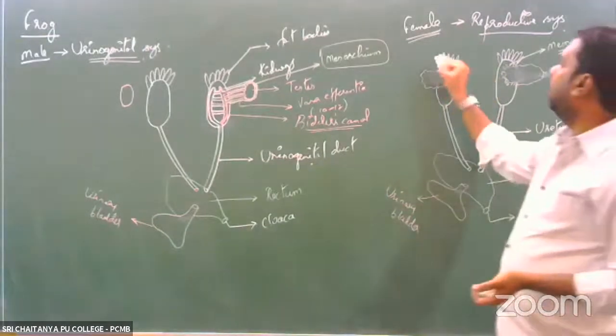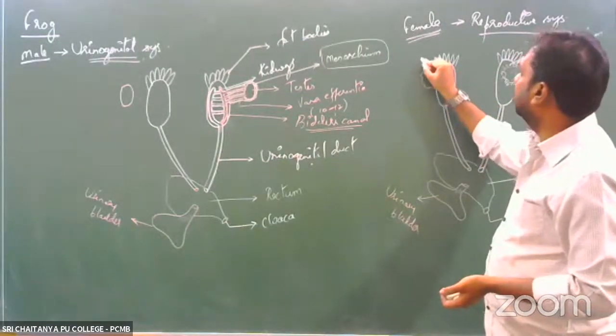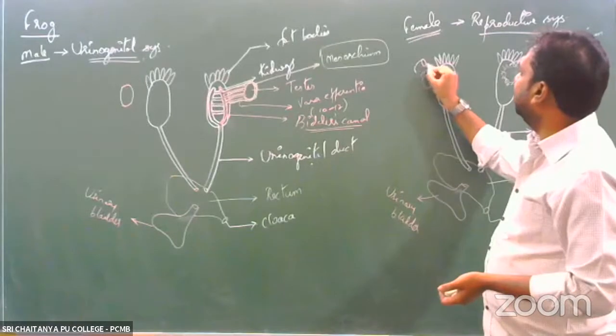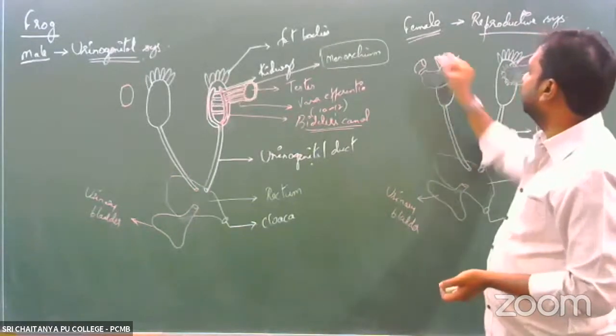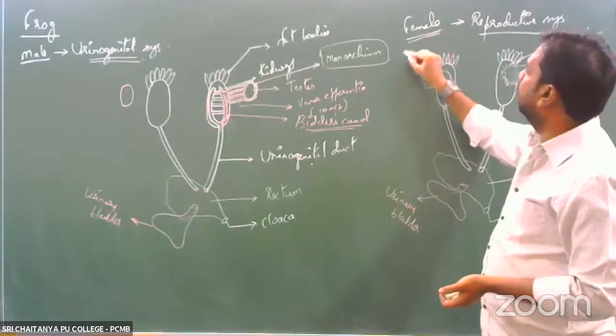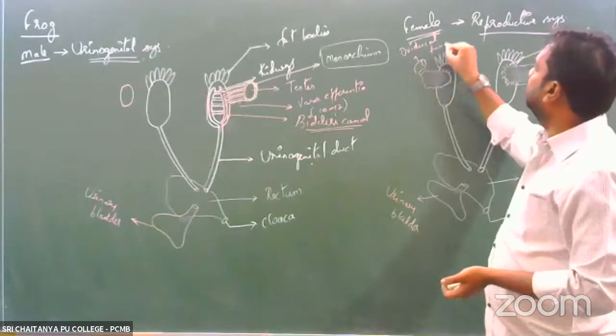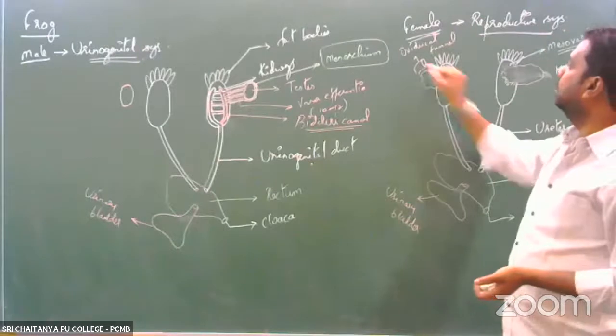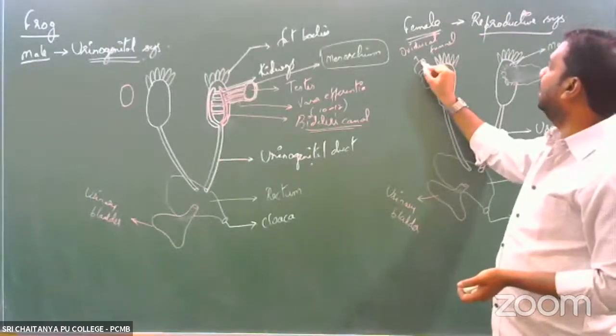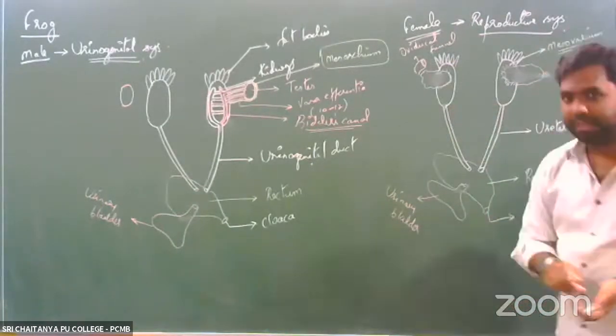Right on top of the ovaries, there is a funnel-like structure, called the oviducal funnel. This oviducal funnel is lined by ciliated epithelium. So we know what its function would be.